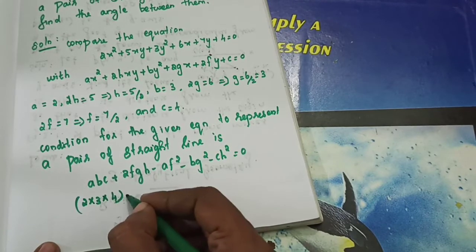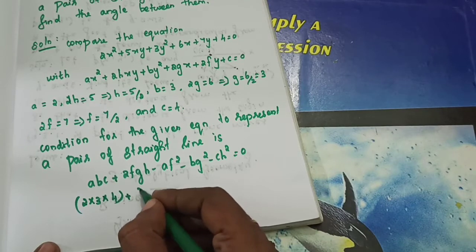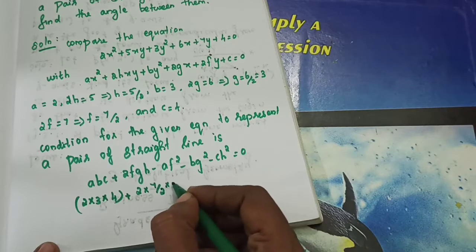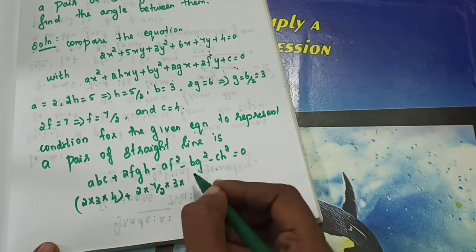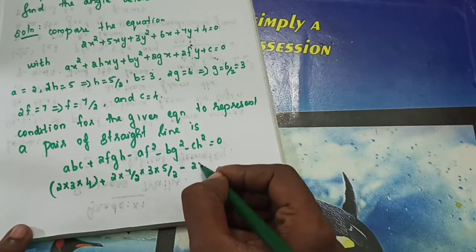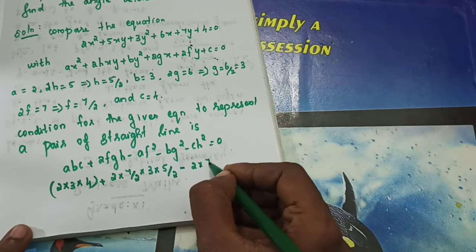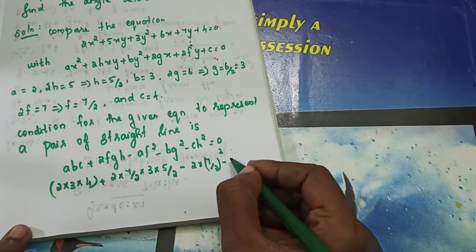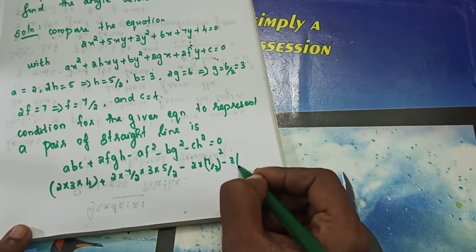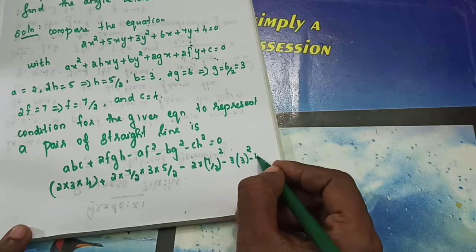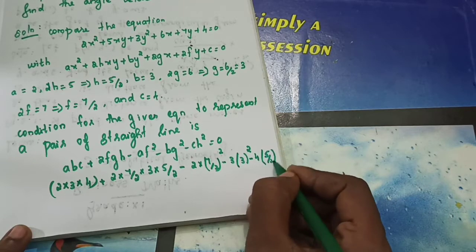So abc plus 2fgh: 2 into f value 7 by 2, g value 3, h value 5 by 2, minus a value 2, f square. f square means 7 by 2 the whole square, minus b value 3, g square. g square means 3 square, minus c value 4, h square means 5 by 2 the whole square.